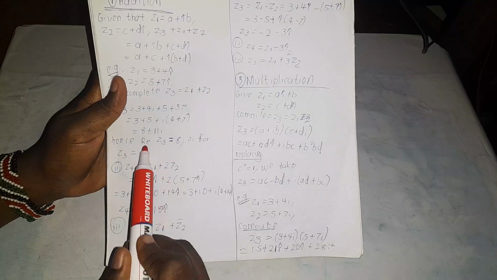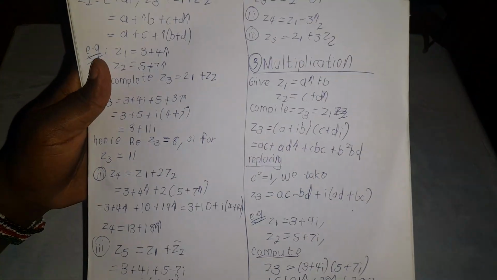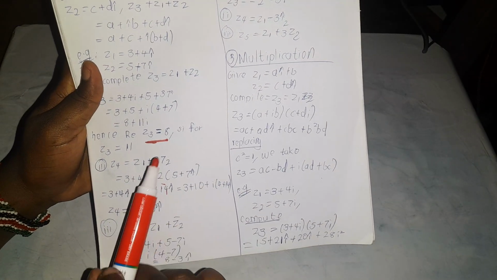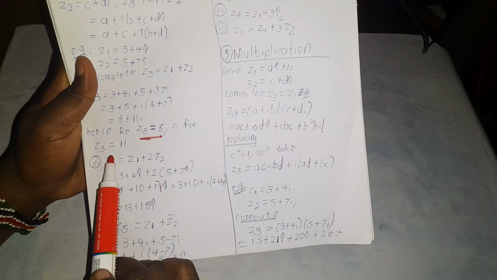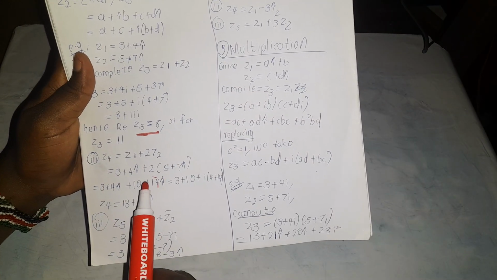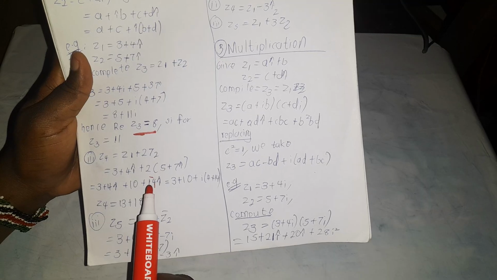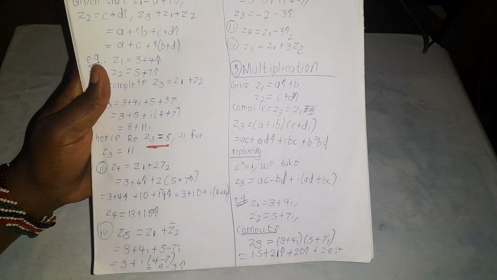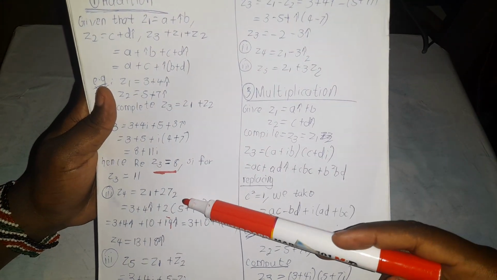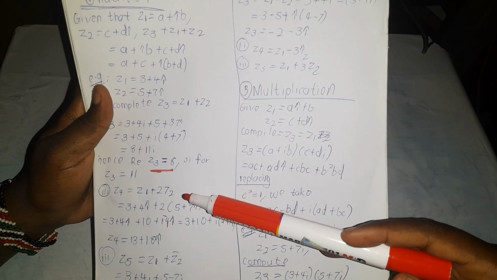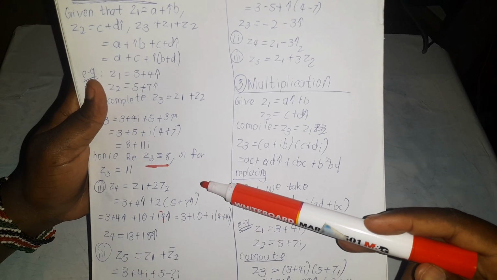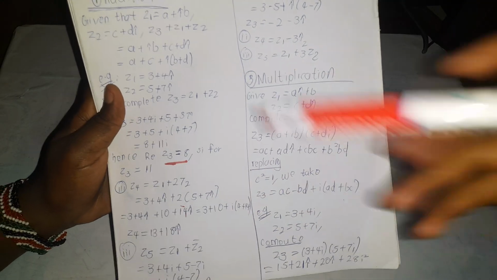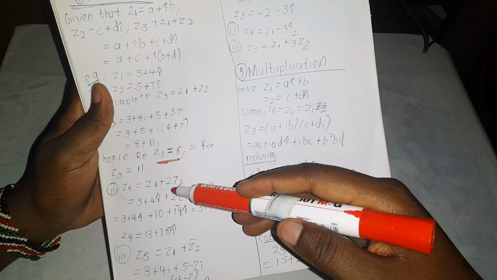I'm seeing this place where I wrote that Z3 is equal to 8, so for Z3 equals 11, that's what I'm trying to understand. Z4 is equal to Z1 plus 2Z2.